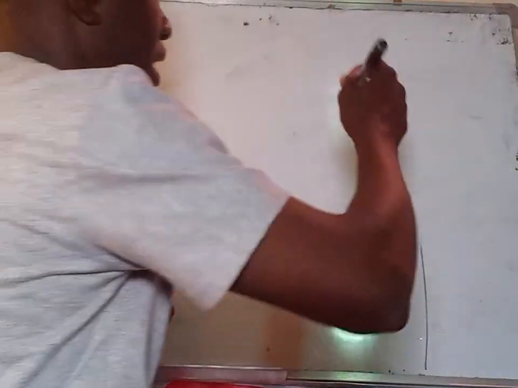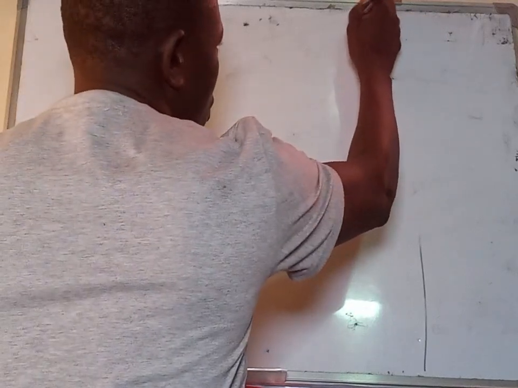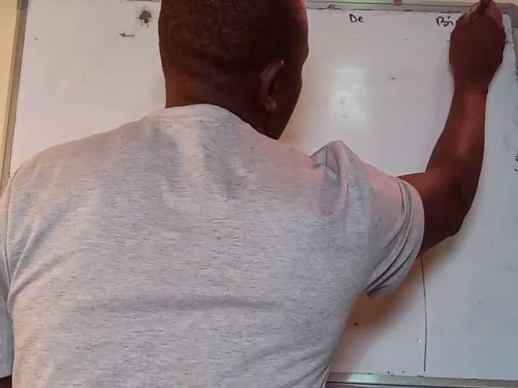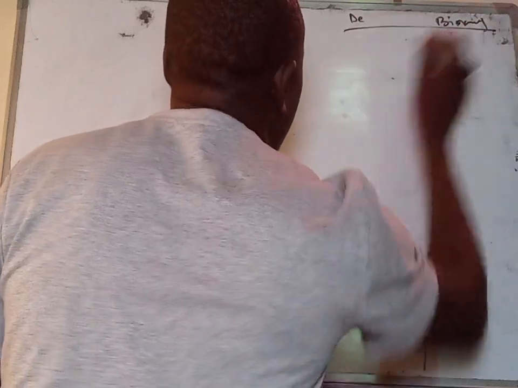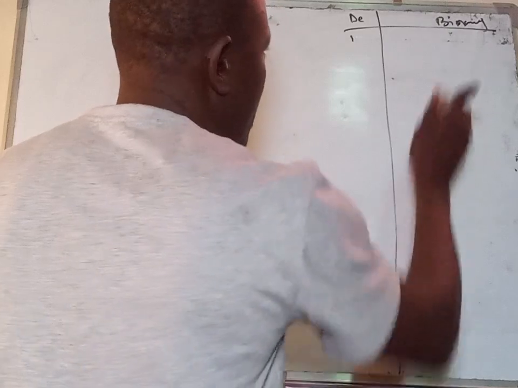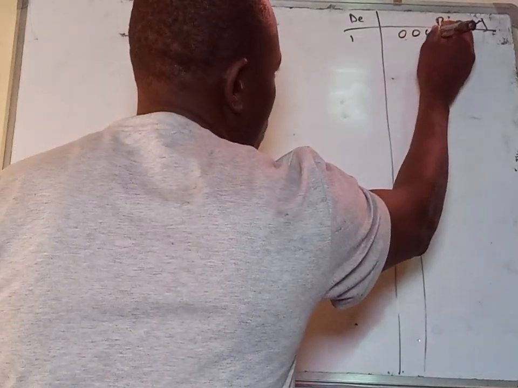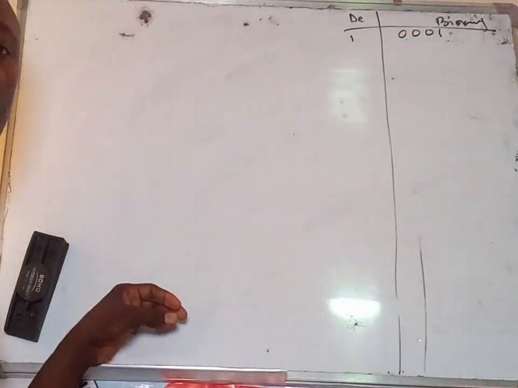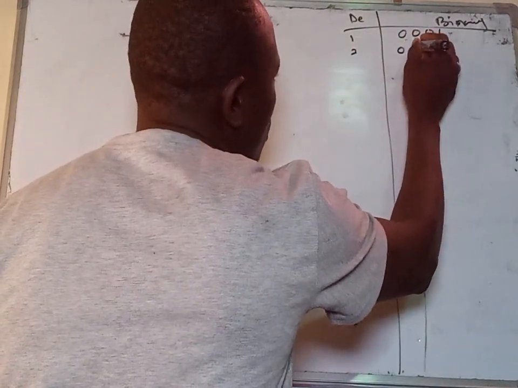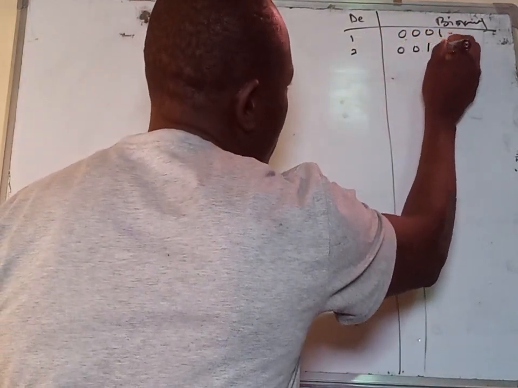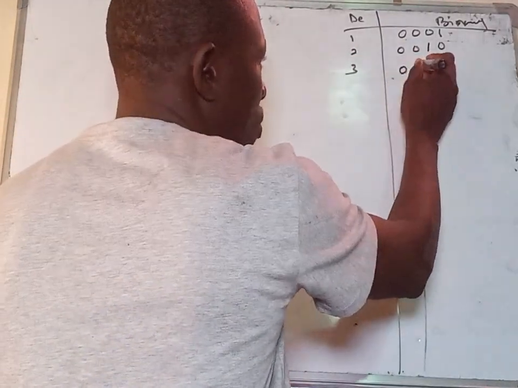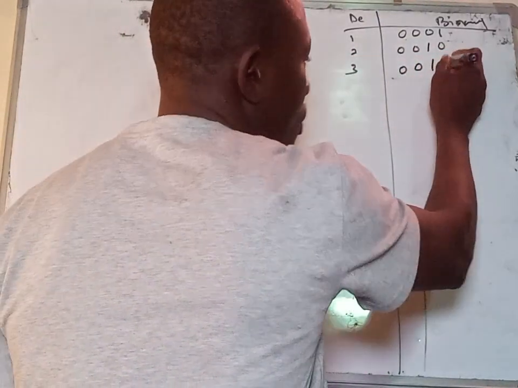So let's have a recap of what we are doing. Let's say we have decimal, then we have binary. If you remember your general mathematics, if we have 1 here, then definitely here is going to be 0, 0, 0, 1. If we have 2, it's going to be 0, 0, 1, 0. If we have 3, it's going to be 0, 0, 1, 1.